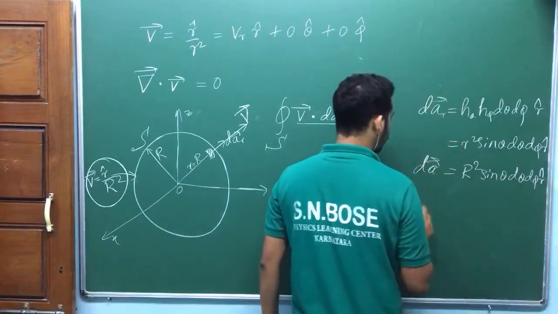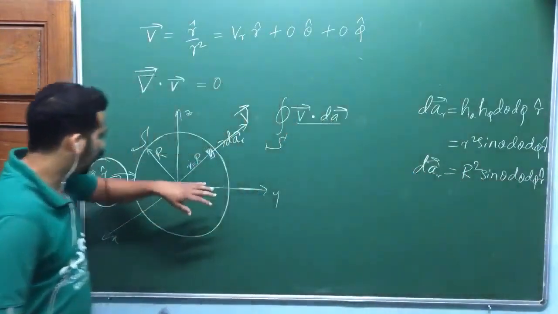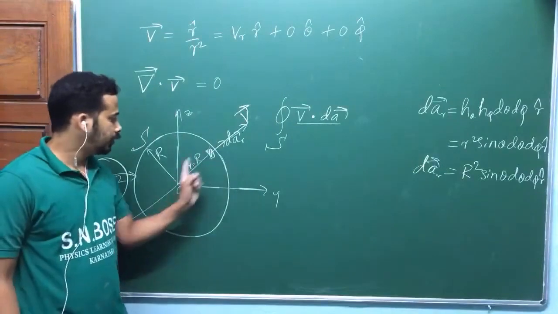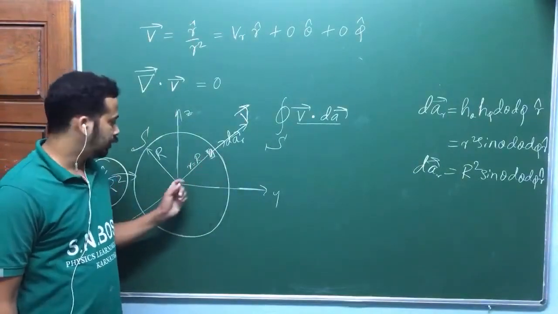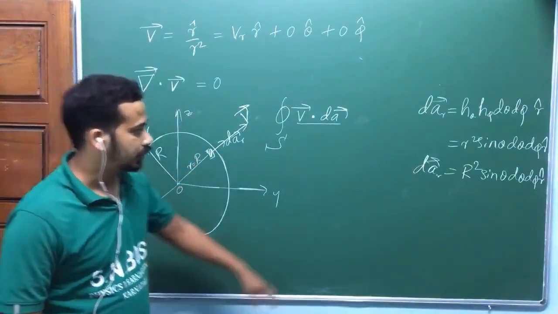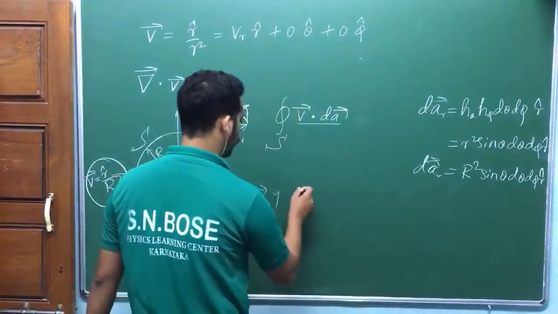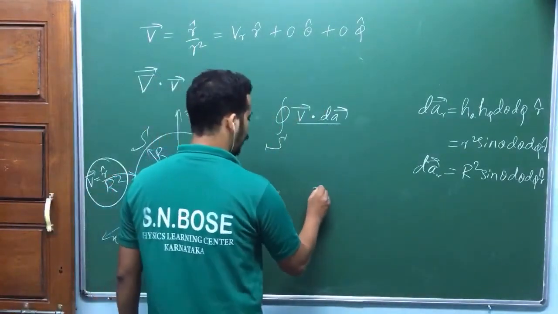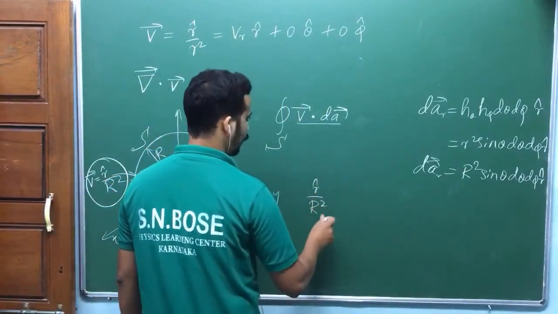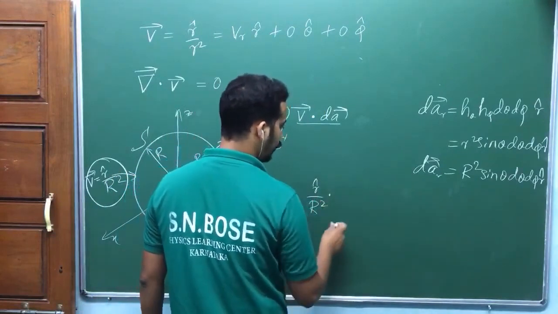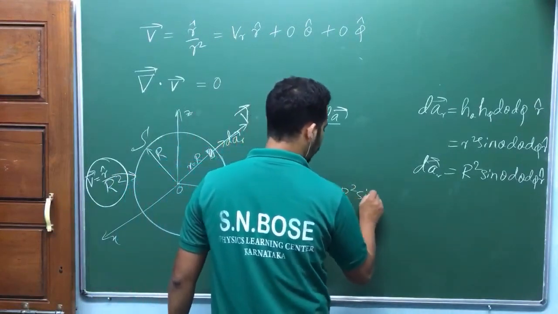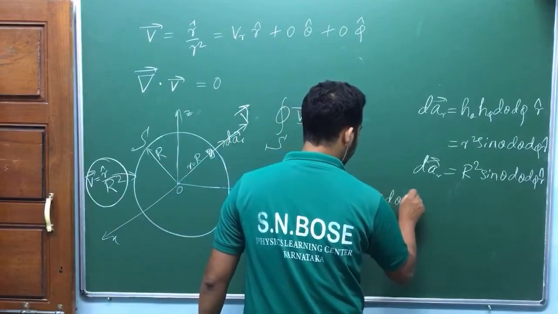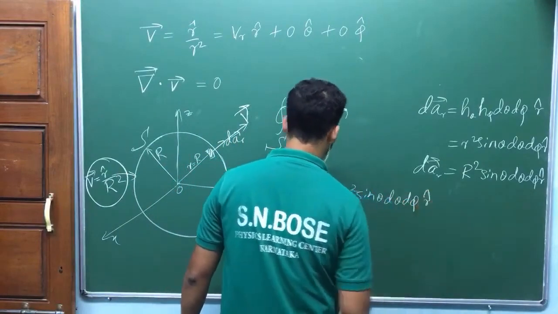We are defining this on the surface of the sphere whose radial distance is equal to R. That's why you have to put R square. When you substitute, look here, R cap by R square dot product with dA_R, which is R square sine theta d phi into R cap again, okay?